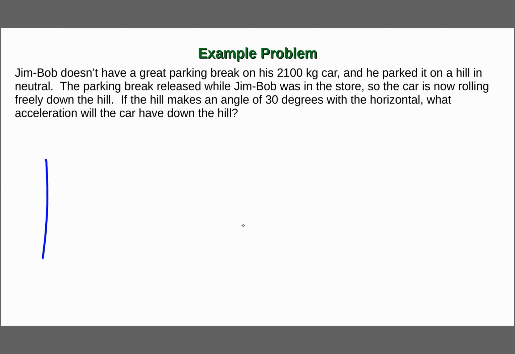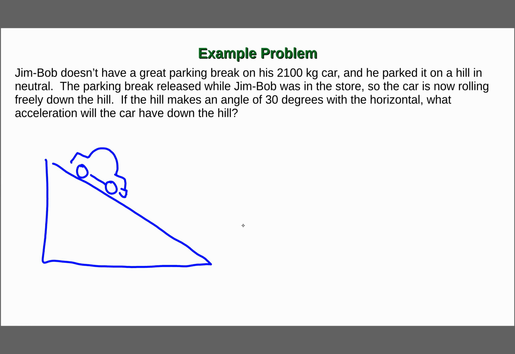Let's draw a picture. We have a hill here, and we have a car on it. And we know what this angle is, theta. They told us theta is 30 degrees.